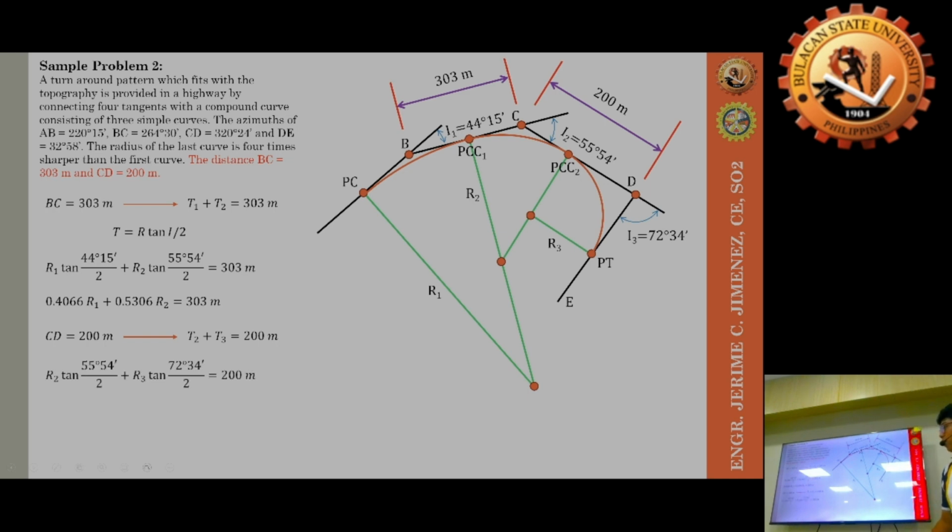R sub 2 multiplied by tangent 55 degrees 54 minutes all over 2 plus R sub 3 multiplied by tangent 72 degrees 34 minutes all over 2 is equal to 200 meters. Simplifying, we have 0.5306 R sub 2 plus 0.7341 R sub 3 is equal to 200 meters. So let this be our equation 1 and let this be our equation 2.